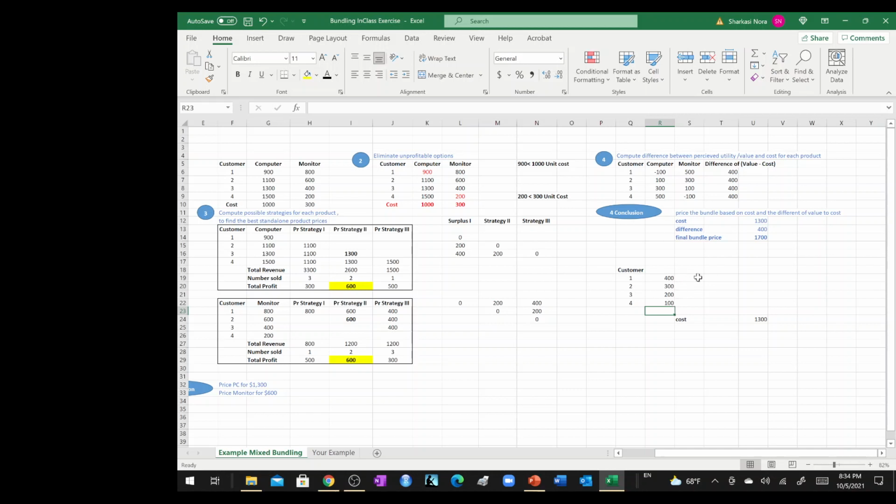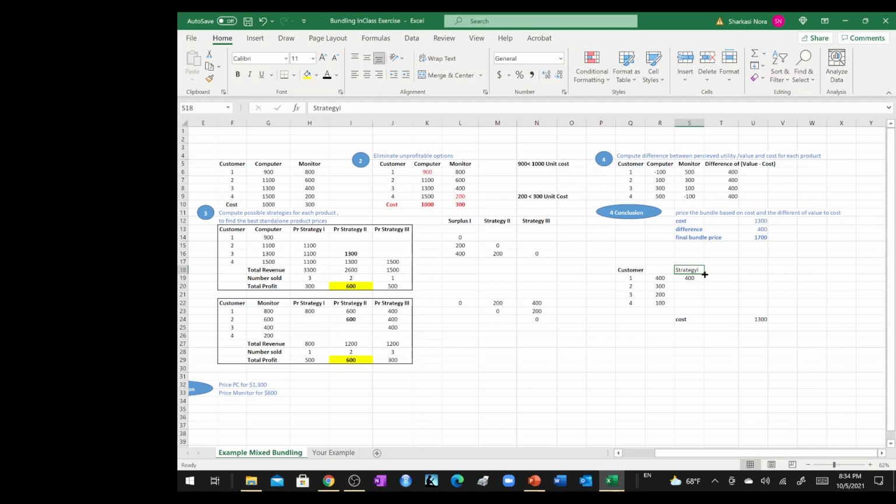So we will say, well, over here I will make $400 because I will sell for only one segment. So this is the first pricing strategy for the bundle, right? So this is pricing strategy 1.